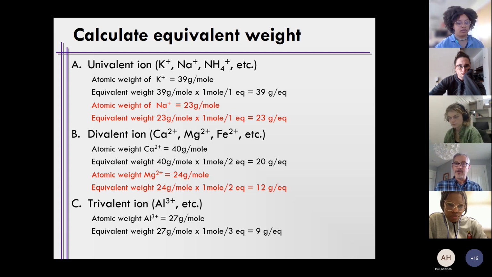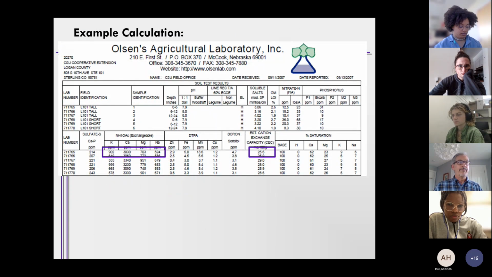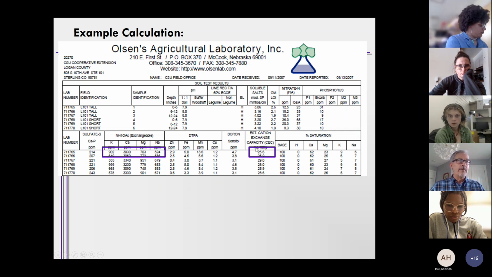It's a weird concept. So let me share with you this example again. This example is from Olson Agricultural Laboratory, in Nebraska. This very first soil where I have this box has a CEC of 25.6 milliequivalents per 100 grams.